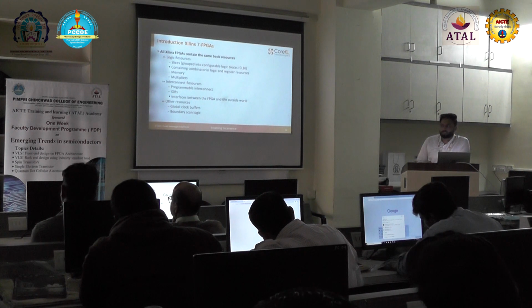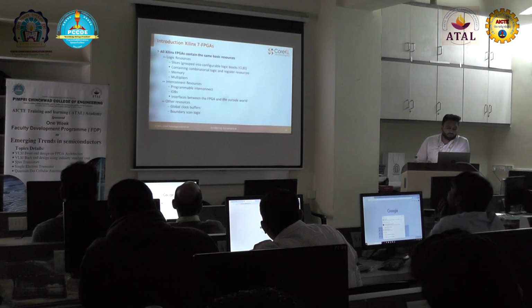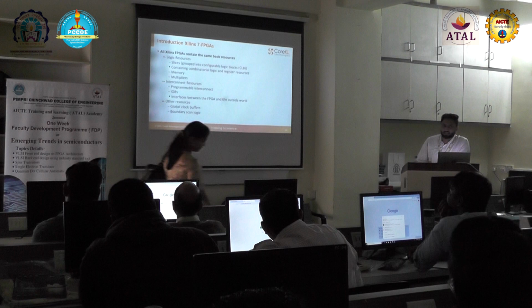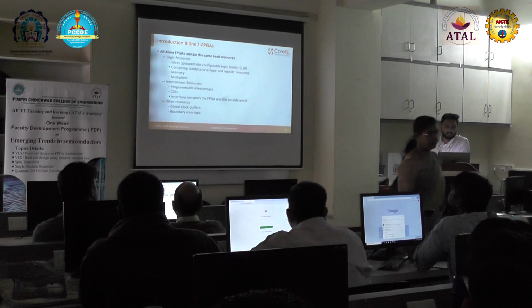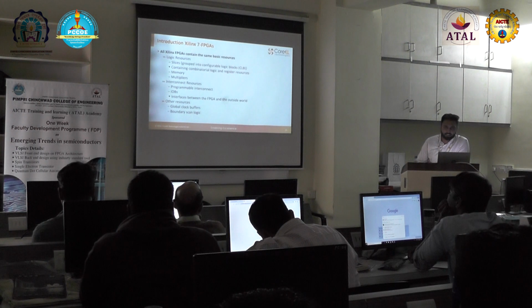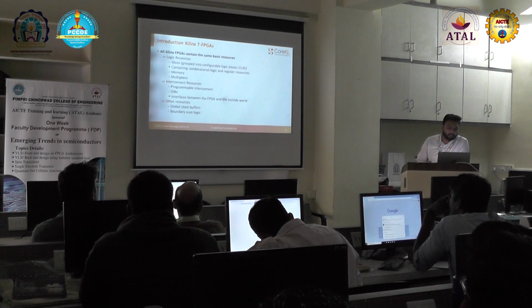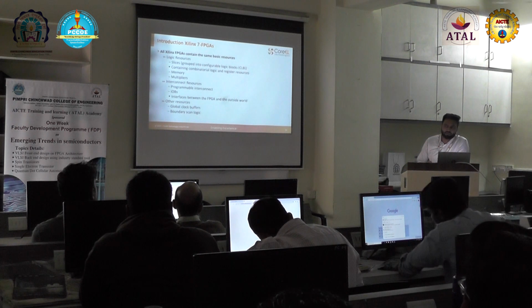We'll see now the introduction of the Xilinx 7 series FPGA. Whatever FPGAs you will see in the 7 series or UltraScale+, all those resources will be the same. Logic resources, interconnect resources, and other resources. In other resources, global clock buffers and boundary scan logic are included.